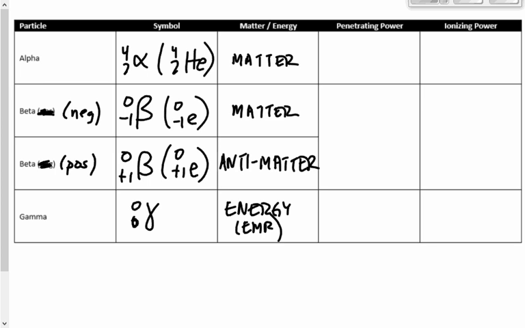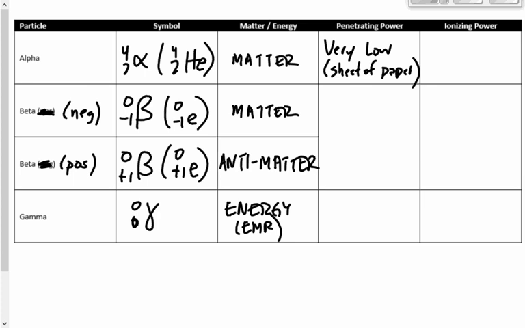But it will go through my skin, unlike alpha particles. Gamma rays, on the other hand, their penetrating power is very, very high. We'll say several centimeters of lead.